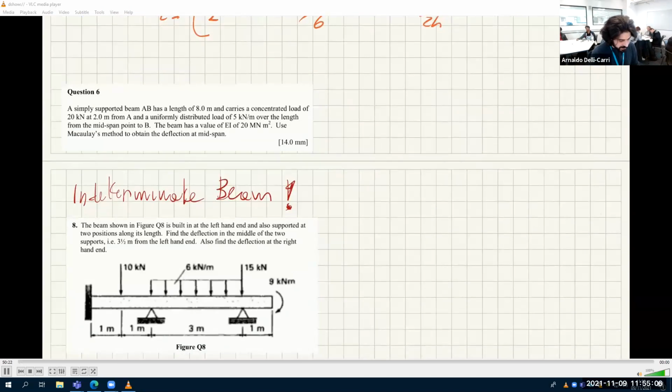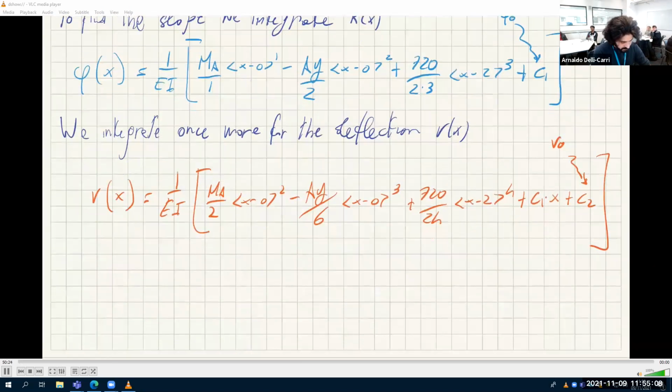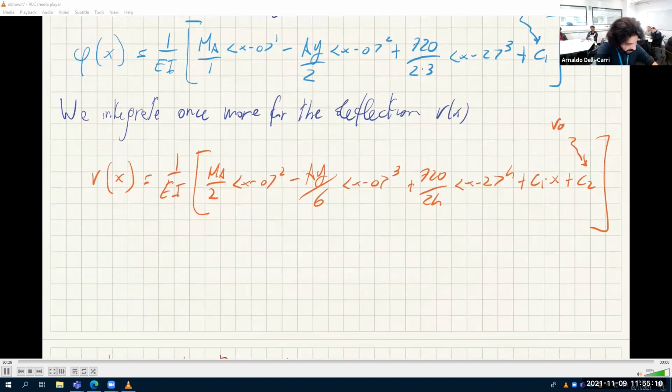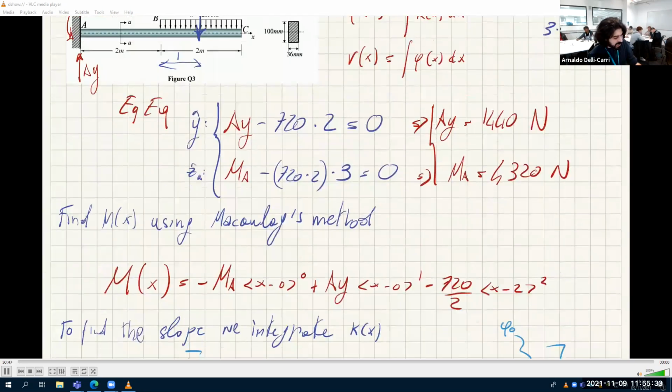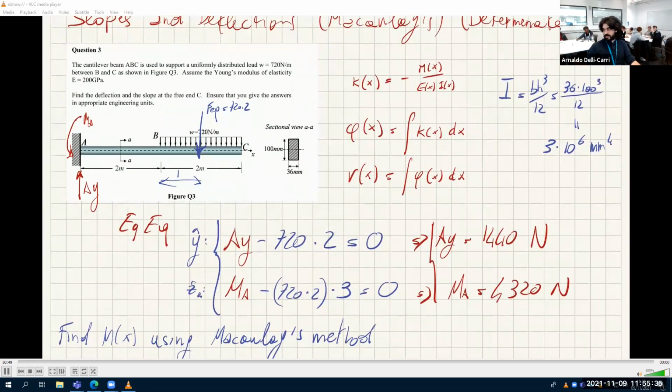To find this formally, let's apply boundary conditions, or compatibility conditions, called compatibility equations. What are the boundary conditions here? We know that the deflection at 0 is 0 and the slope at 0 is 0.